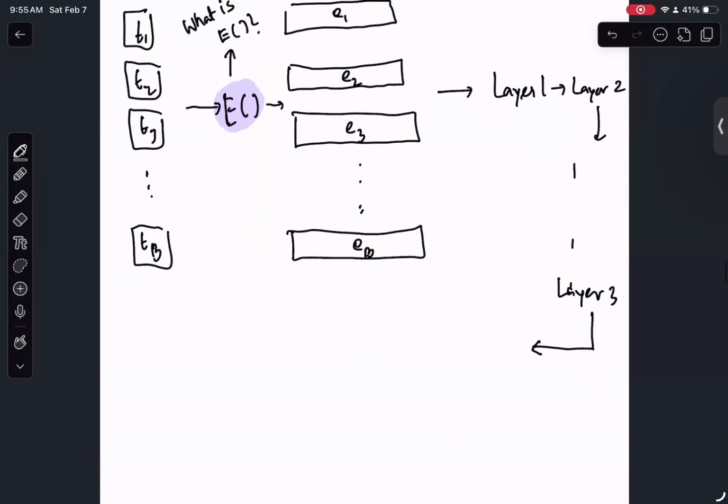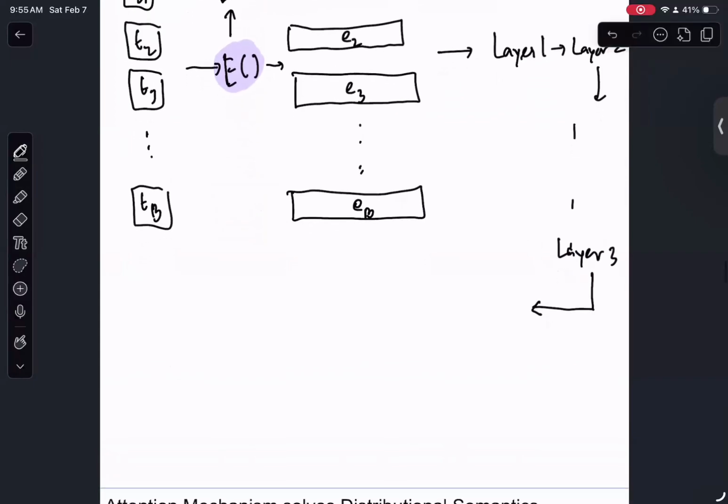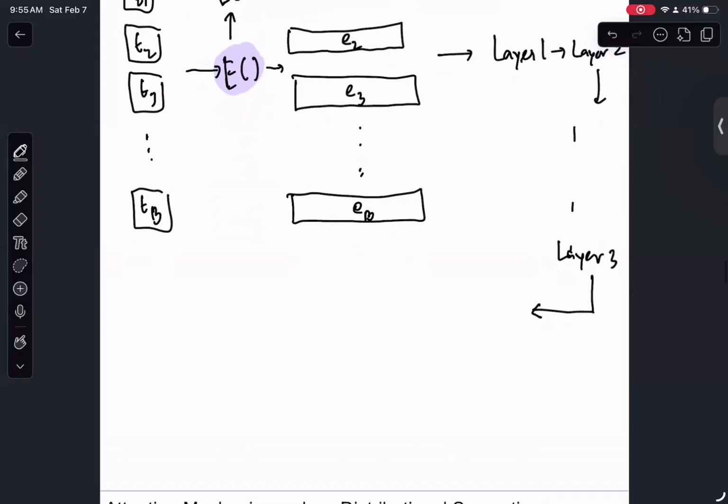Prediction of y hat. What is the predicted y hat here? What is the output of language modeling? Next tokens, next vector tokens? Not really.